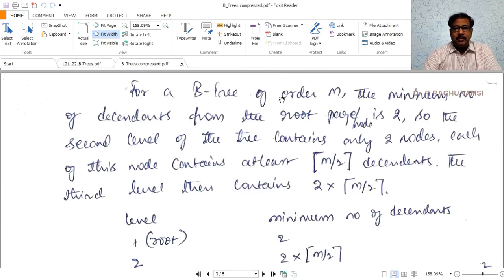For a B tree of order M, the minimum number of descendants from the root node is 2. So the second level of the tree contains only two nodes. Each of the nodes can have at least upper bound m by 2 descendants. The third level can also contain 2 into m by 2 descendants, because they may have further children.